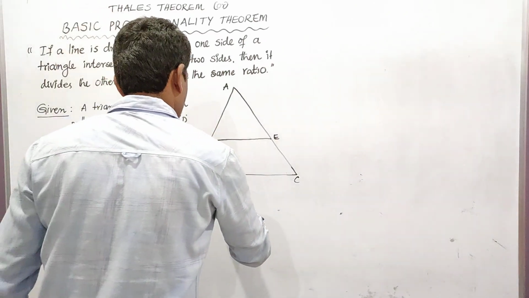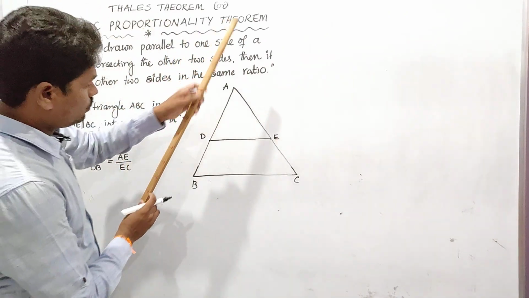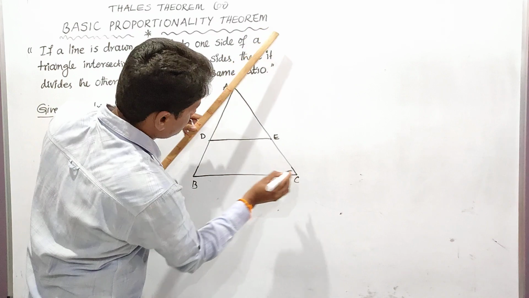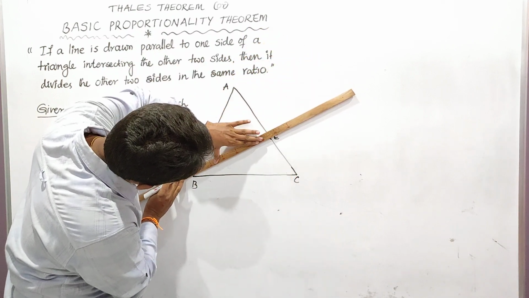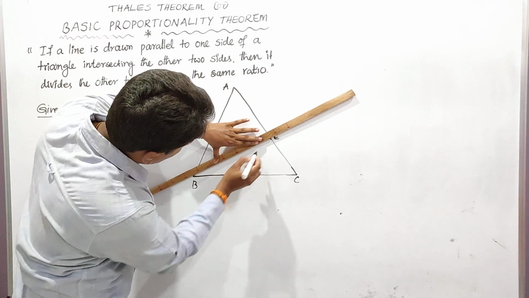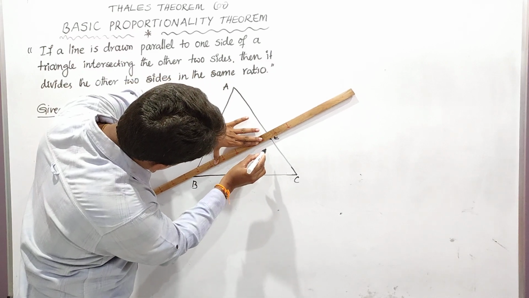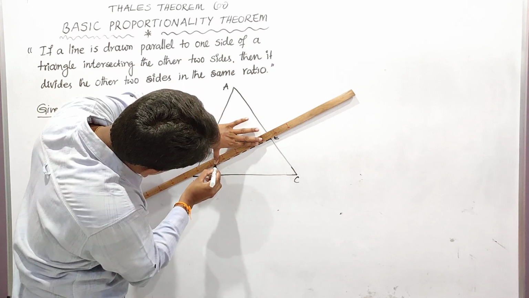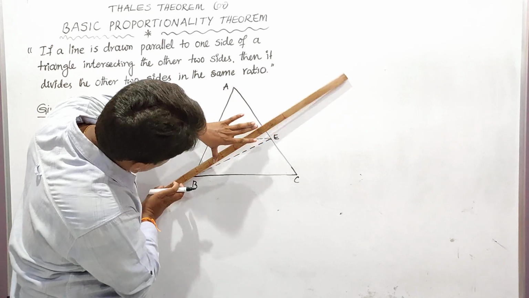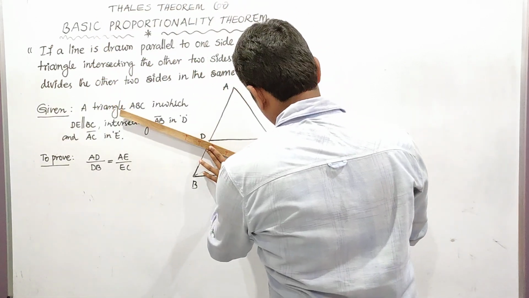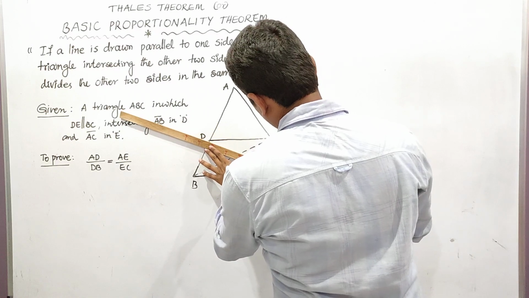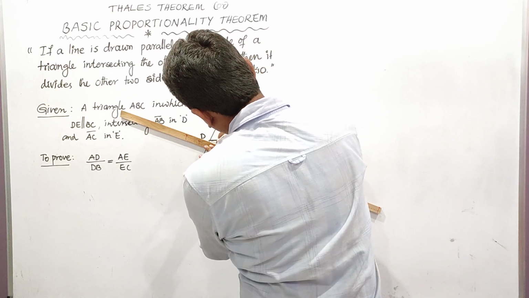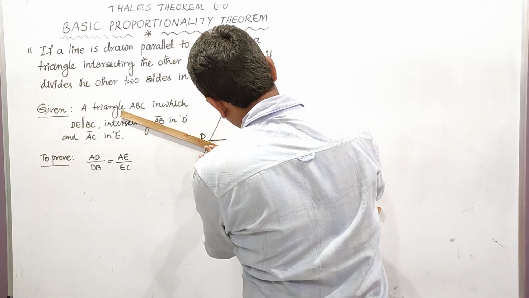So next, construction, third, to prove this theorem. Now what I am doing, student, we have to join these two. So join B and E, and D and C. So I am joining B comma E. Next, join these two, C and D. So I am joining these 2 points, C and D. This is a construction step, the third step.